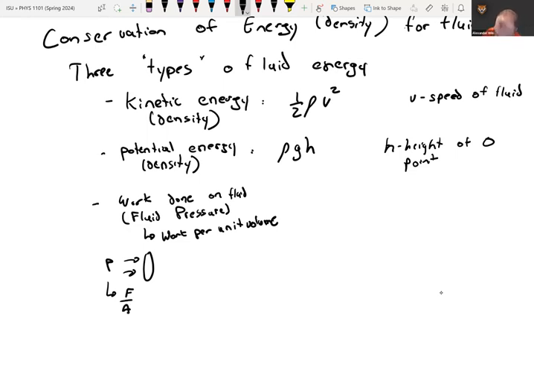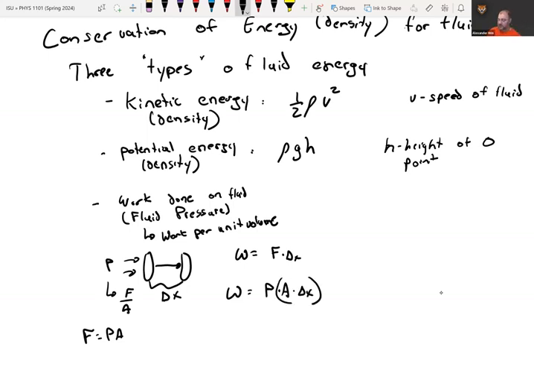If we were then going to try and find a work, work is equal to the force times some delta x. So basically this thing would go some delta x like so. Hopefully this looks somewhat familiar. We can then say the work is, subbing in force equal to pressure times area, pressure times area times delta x.